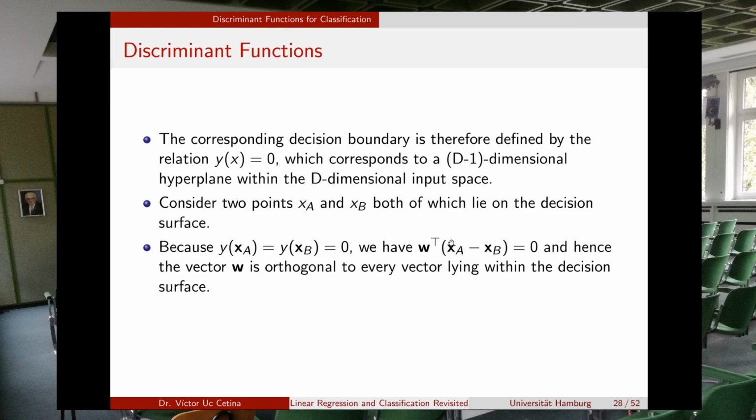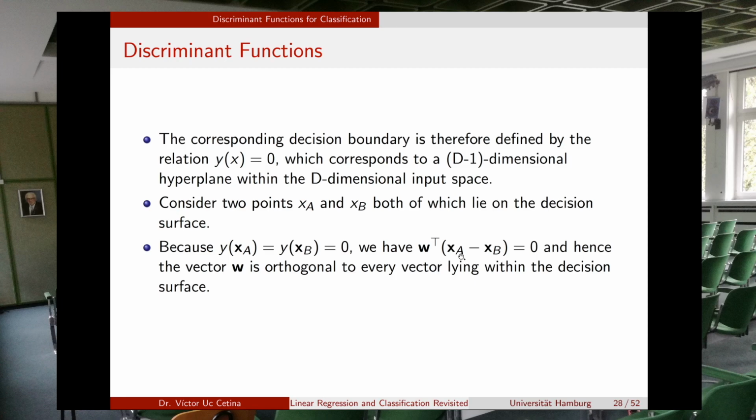And what does that mean? It means that this vector, the vector of parameters, is perpendicular to the vector resulting from this subtraction. Because if you compute the dot product of two vectors and obtain a 0, that means that those vectors are perpendicular.